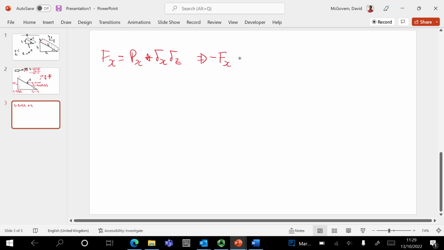I'm just going to say equivalent to, so I don't make it into one big equation. It's equivalent to negative Fx equals PSx times sine theta multiplied by delta z delta s, right?